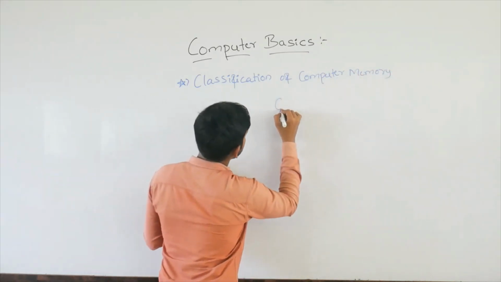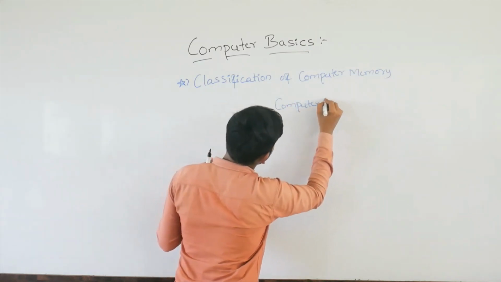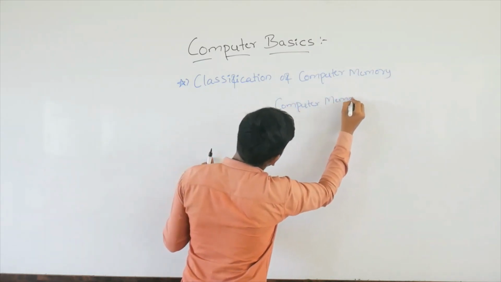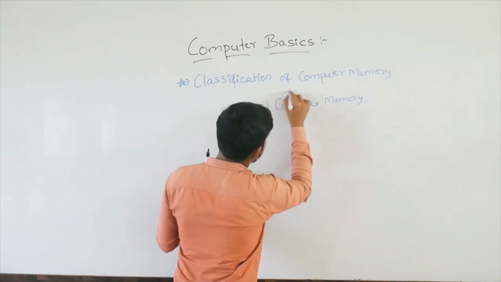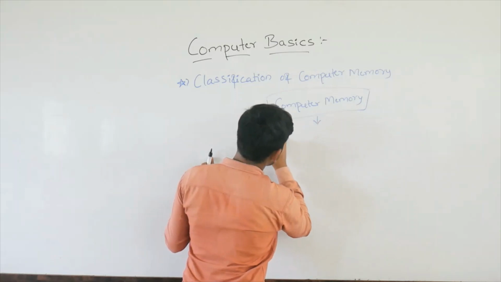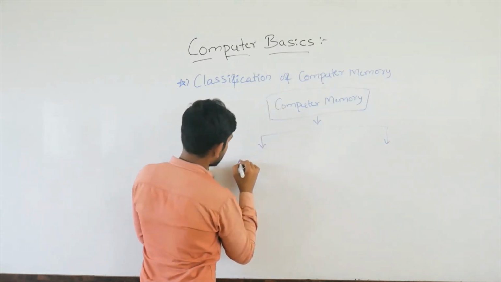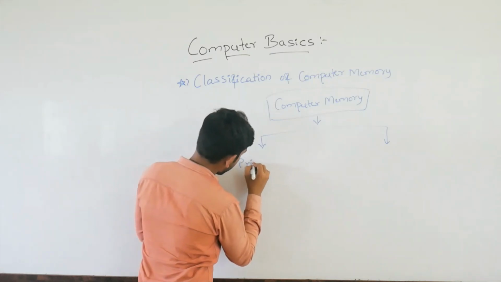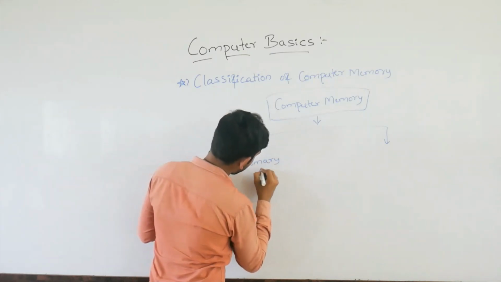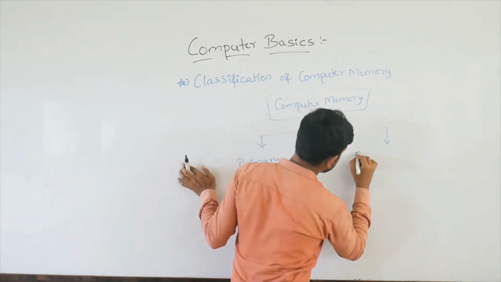Okay, this is computer memory. It is divided into two parts. Okay, the first one is primary memory, and the second is secondary memory.